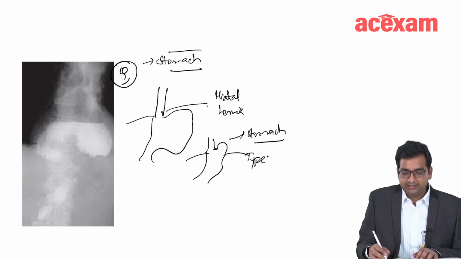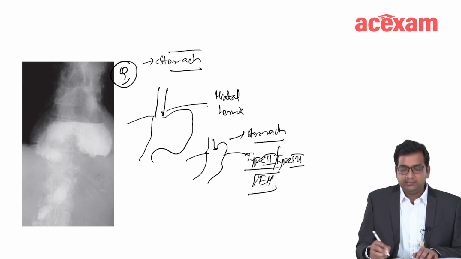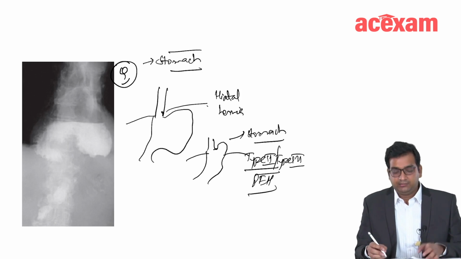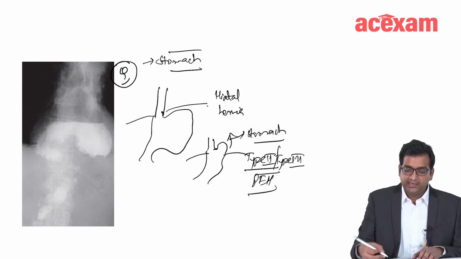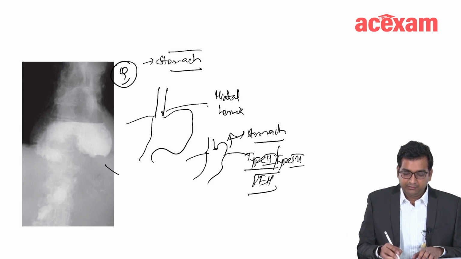Type 2 hiatus hernia or type 3 hiatus hernia, or the paraesophageal types of hernias, the stomach is present in the chest. Okay. Gradually, this stomach will go up, and there will be development of gastric volvulus. Okay.